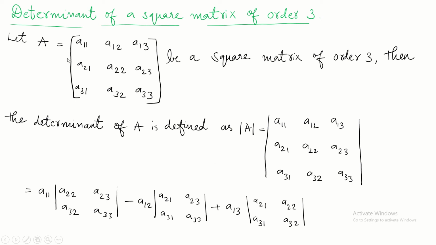You have to replace the square bracket by a vertical line. After that, it's a bit confusing, so please listen and watch the screen carefully. I'll tell you how to do it. Okay. So here you have 3 by 3, 3 rows and 3 columns.